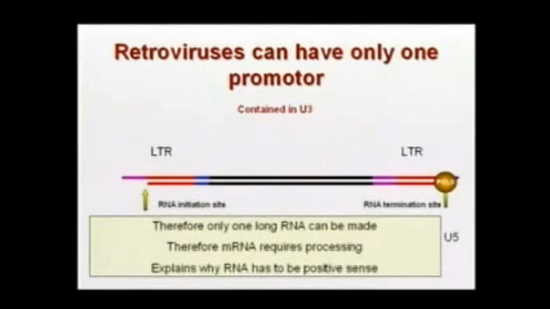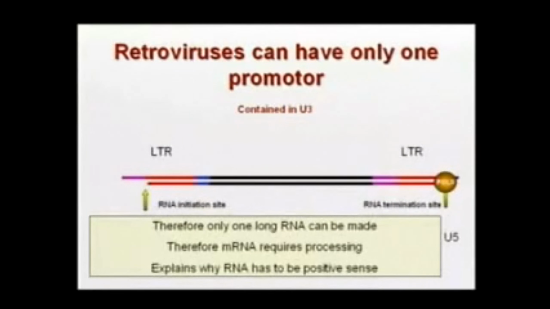So only one long RNA can be made from the DNA form. Therefore, you've got to process that RNA, and for that you are going to usurp the RNA processing enzymes in the nucleus of your host cell, the host enzymes.